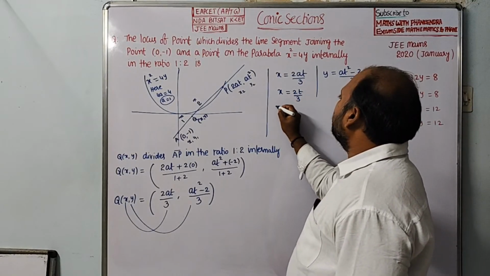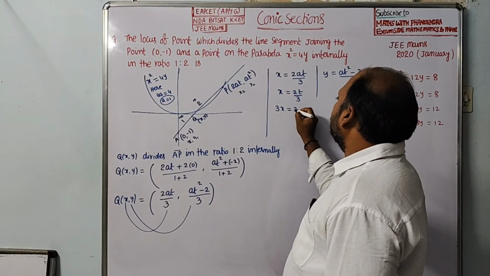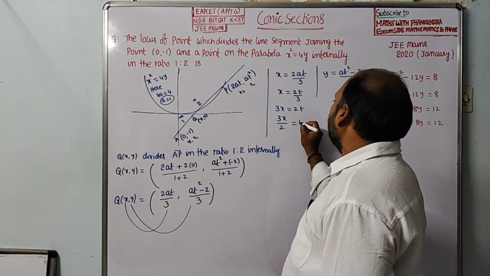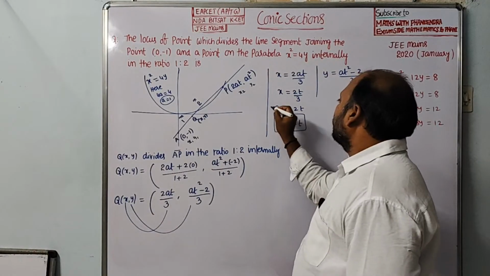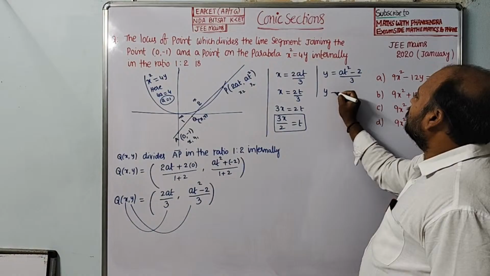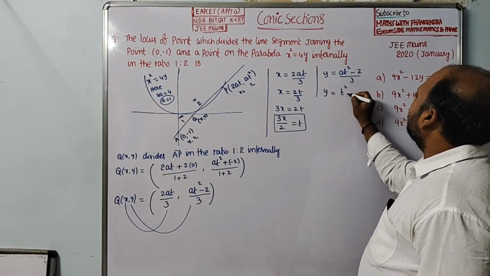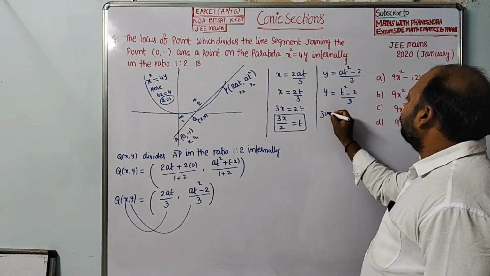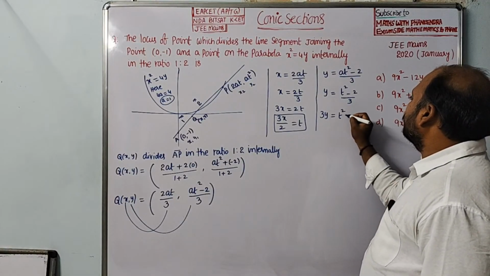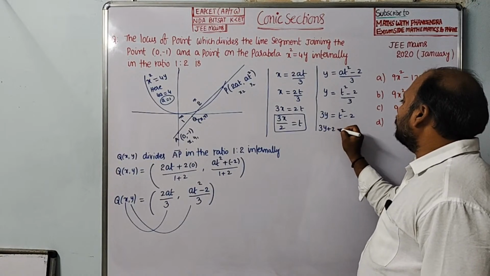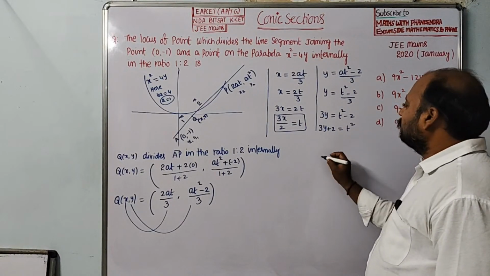From this, make t the subject. 3x is equal to 2t, so 3x by 2 is equal to t. Okay, dear students. Here a is equal to 1, so y equals (t square minus 2) divided by 3. Cross multiply: 3y is equal to t square minus 2. Bring the sign over: 3y plus 2 equal to t square.